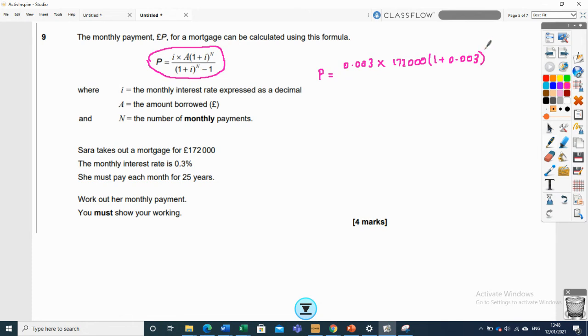So n is the number of monthly payments. So she's paying it over 25 years, times that by 12 per year, 300 payments. So this will be 300 here. All over 1 plus 0.003 to the power of 300, minus 1. Okay, I'm going to tap that into my calculator.